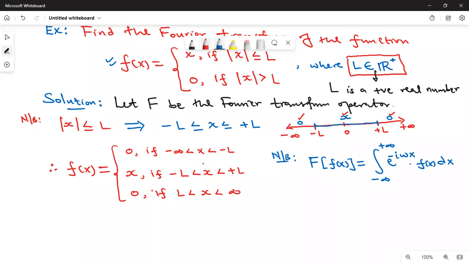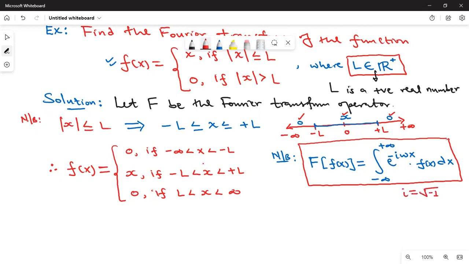Here i is iota, a complex number, the same as the square root of negative 1. That's how we define the Fourier transform of any given function f of x.